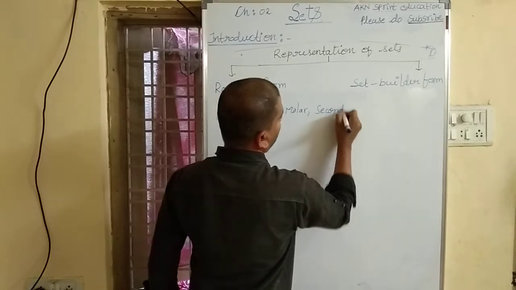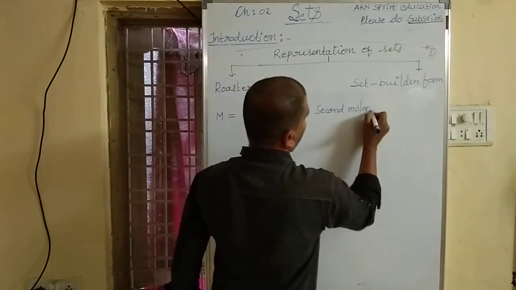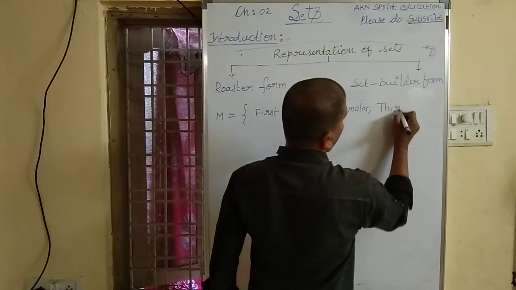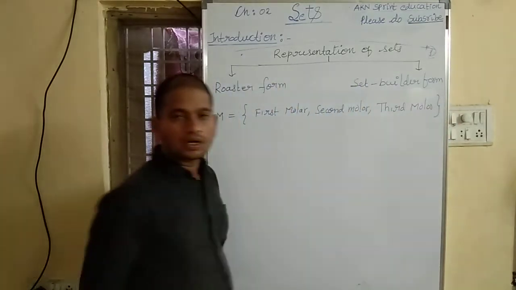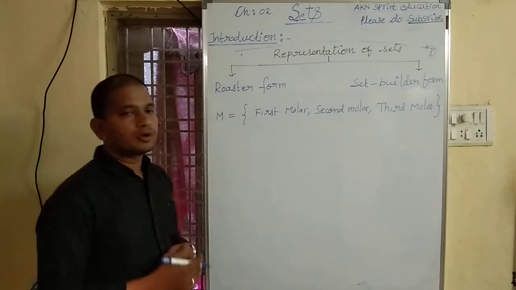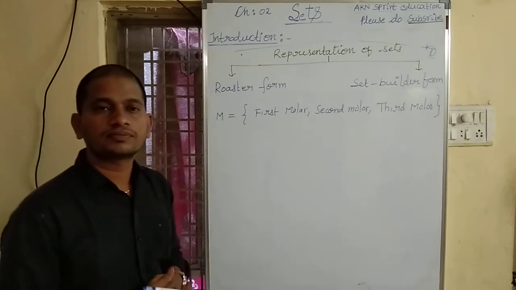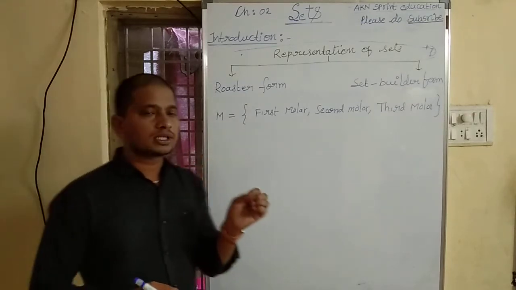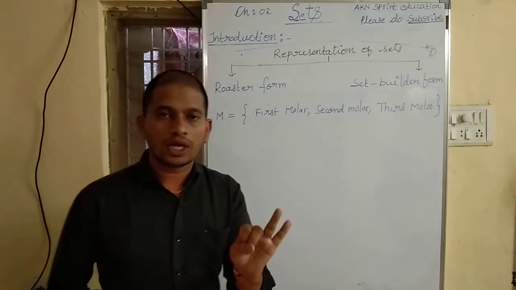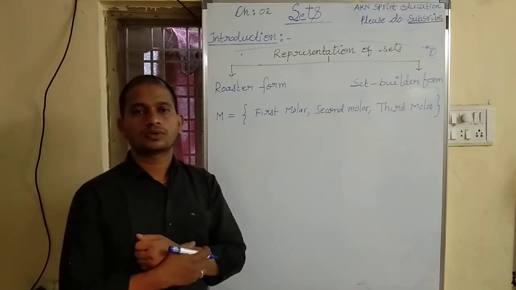Second molar, third molar. Our set is the set of molars in our teeth. So we have 3 molars, that is first molar, second molar and third molar.